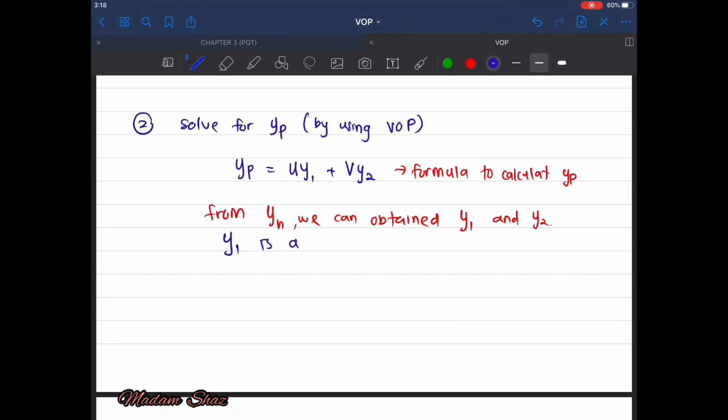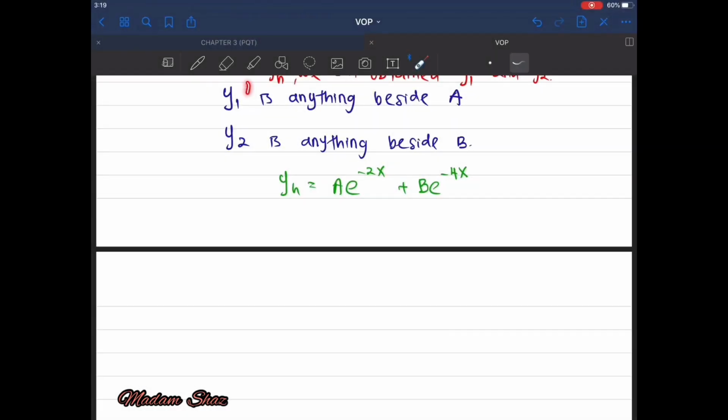Y1 is anything beside A. Y2 is anything beside B. Okay, so we write back our YH. From our YH here, you have A exponent negative 2x plus B exponent negative 4x.